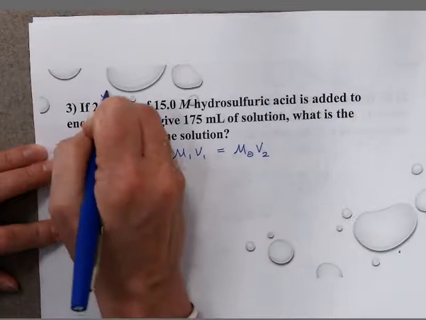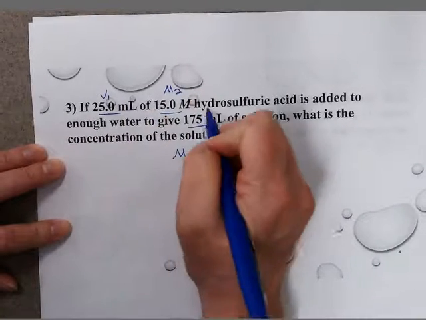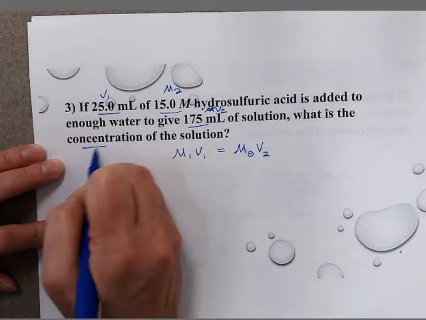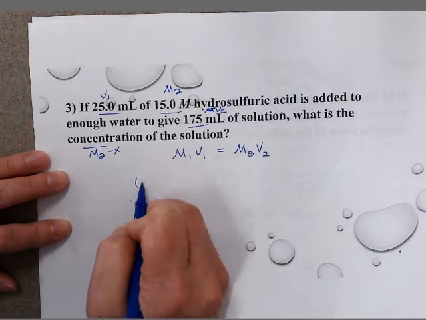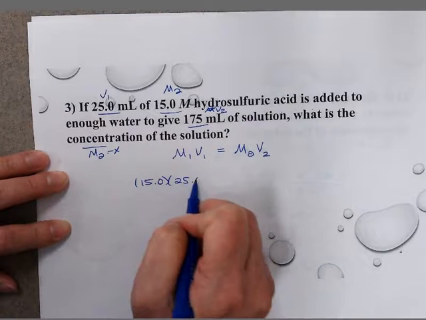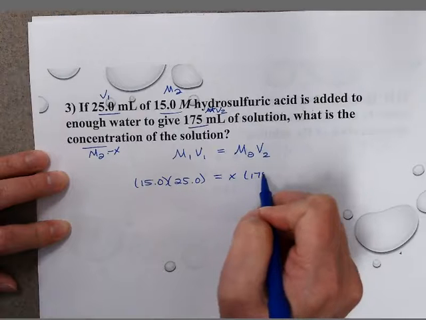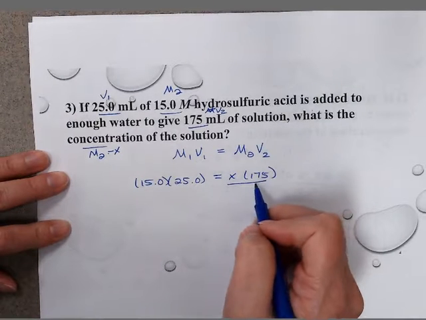So we know our initial volume, we know our initial concentration, we know our new volume, and we're finding the new concentration. Okay, and we have to divide.